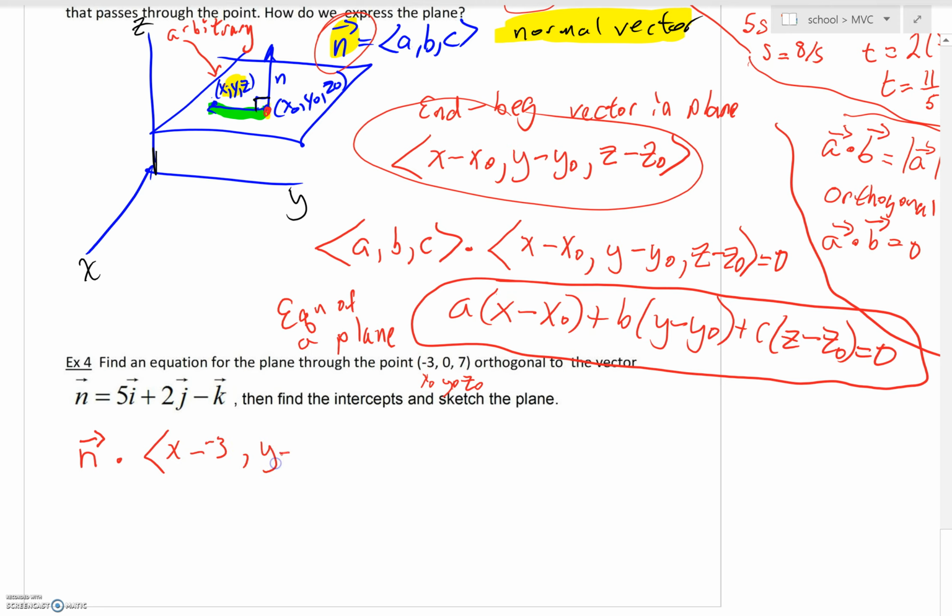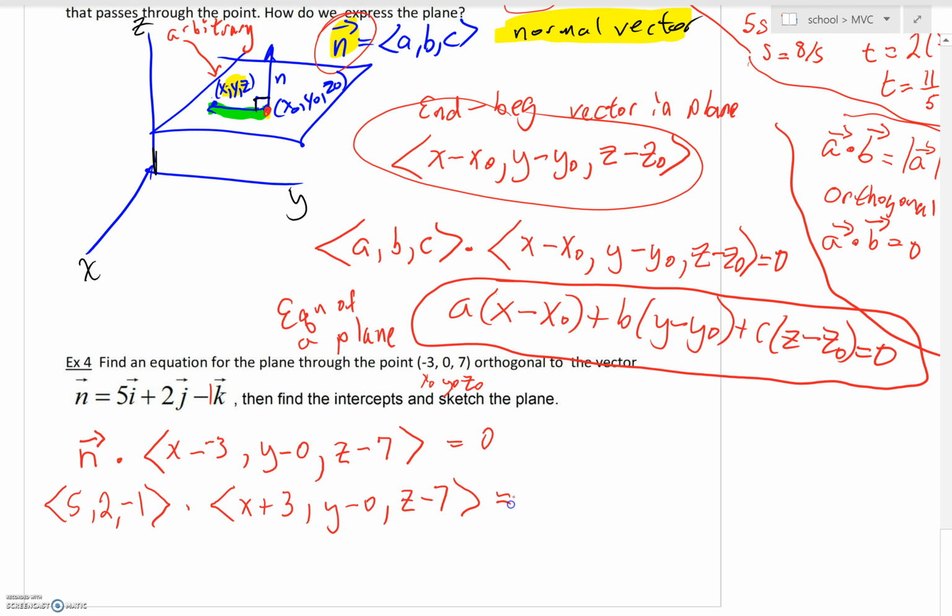We'll have y minus our y naught, which is 0. And we'll have z minus our z naught, which is just a 7. And we know that this dot product is 0. So we're going to have our 5, 2, and here's a -1. And this becomes x plus 3, y minus 0, or just a y, and z minus 7. And we'll set that equal to 0.